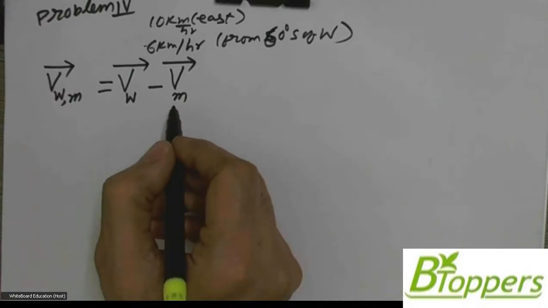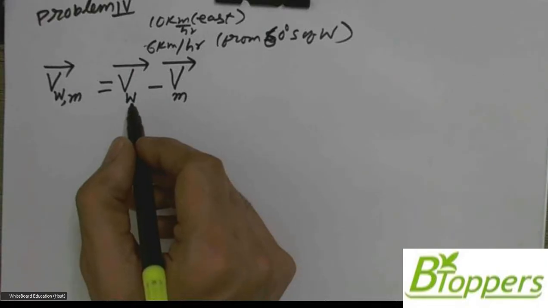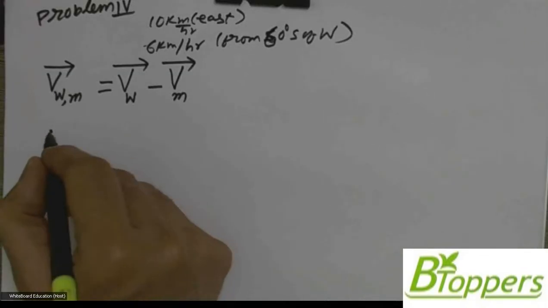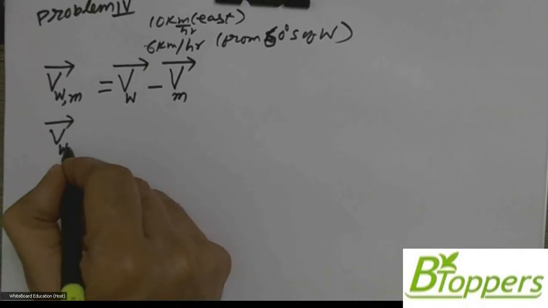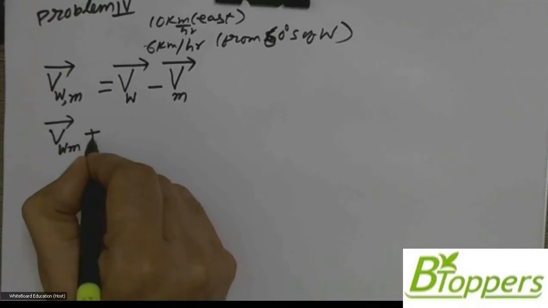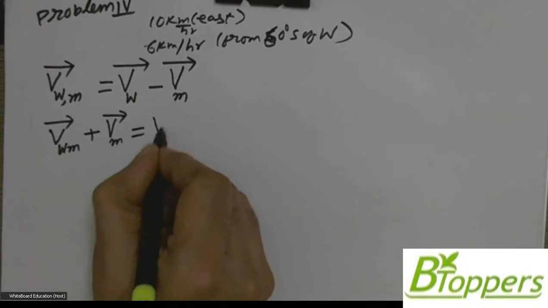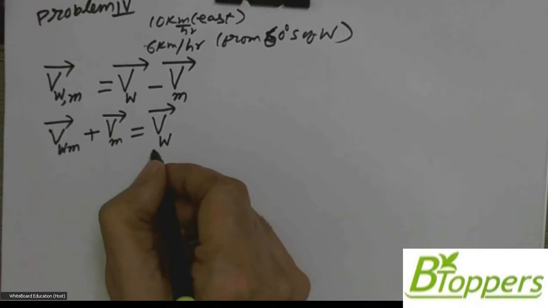Here Vm bar represents the velocity of the man and Vw bar represents the actual velocity of the wind. So you can carry this term minus Vm bar to the other side of the equation. So the vector sum of the velocity of the wind with respect to the man and the velocity of the man will be equal to the actual velocity of the wind.